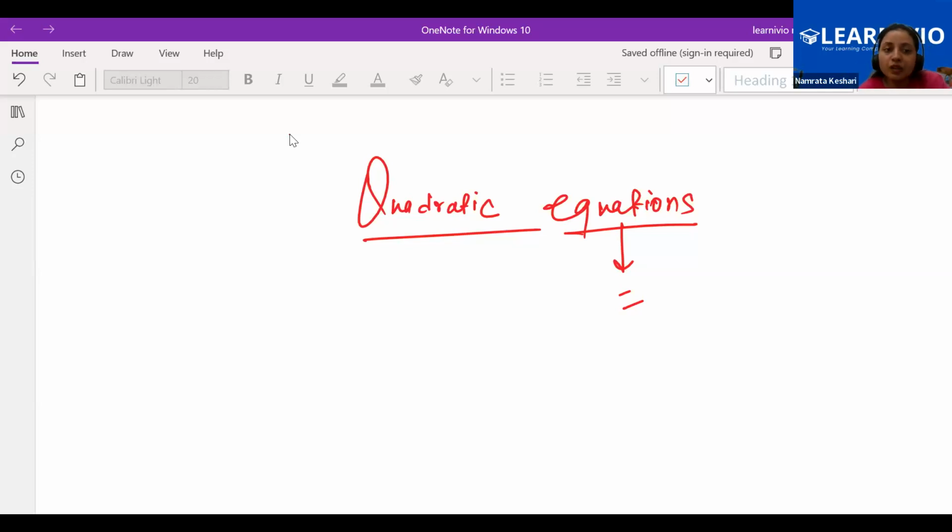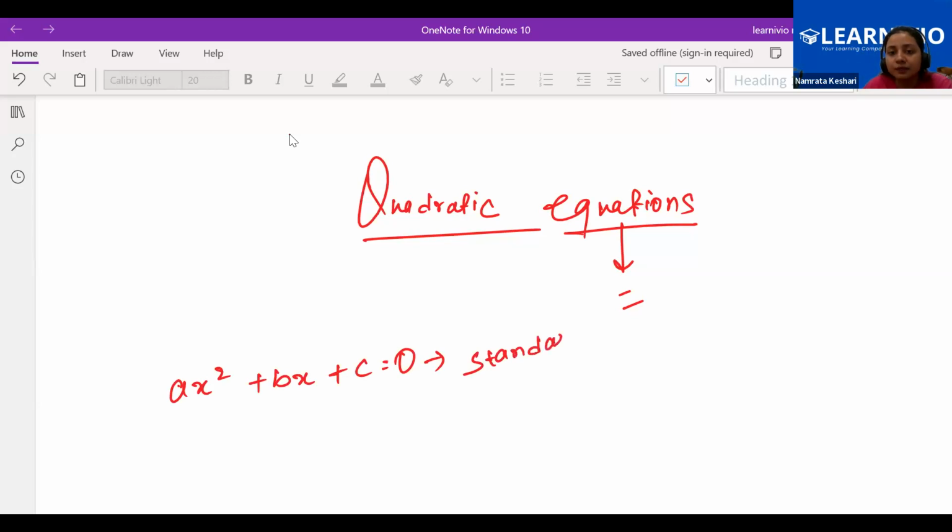Now quadratic equation's standard form is here also degree 2 will be there. It's the same quadratic, but here it will be in the form of equation. There it was in the form of expression. Here we will be having equation. So it will look like ax square plus bx plus c is equals to 0. This is the standard form of quadratic equation.